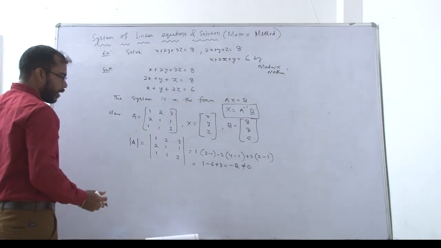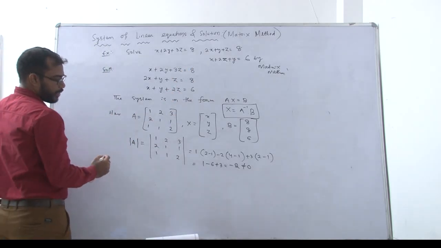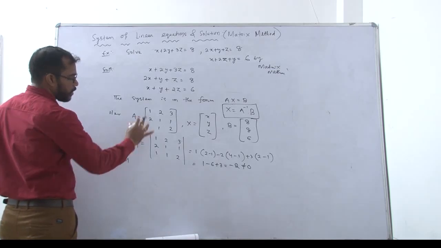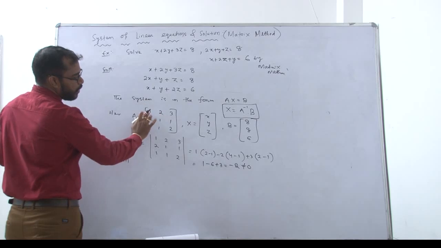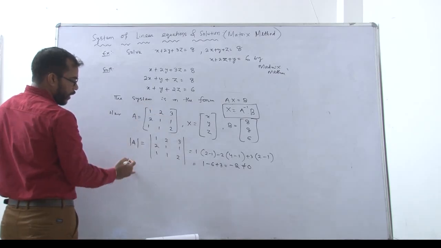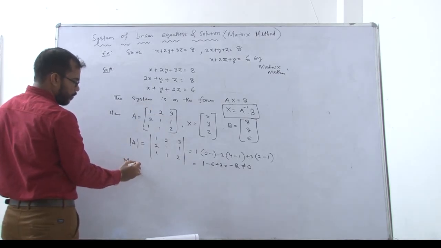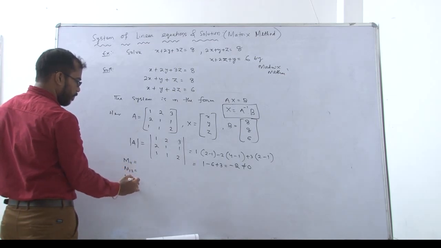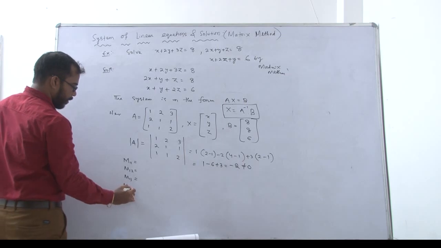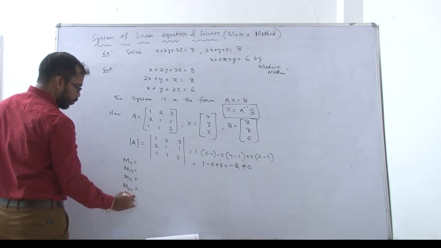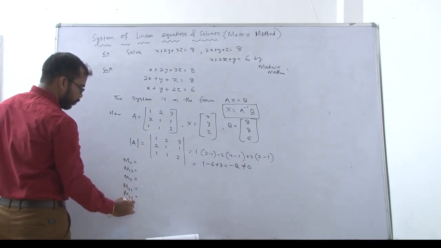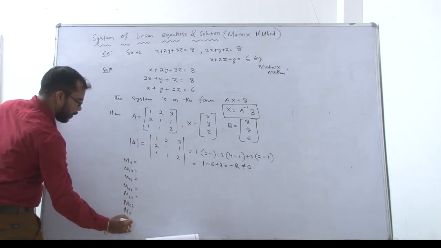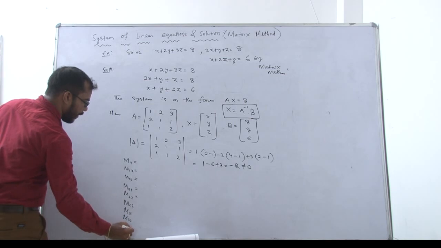Now we have to evaluate the minors. Here you can see 9 elements, so 9 minors: M11, M12, M13, M21, M22, M23, M31, M32, and the last one is M33.